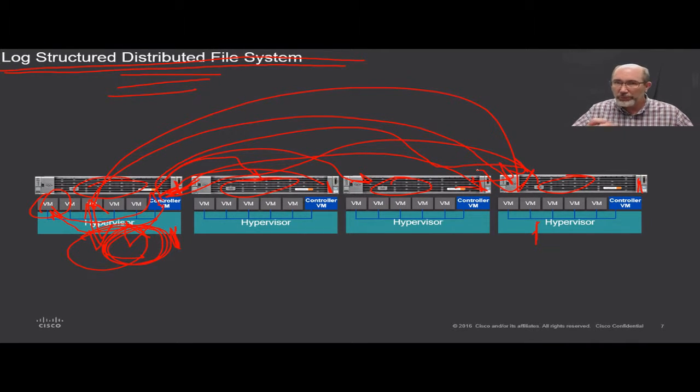You can get better performance out of the cluster than you would with any of the other brands out there. And I'm talking Nutanix, I'm talking VMware, right? They all have products, and they're good products, but they do not perform the same way that the HyperFlex product performs.